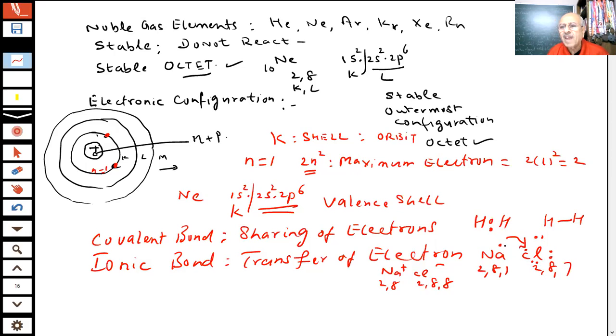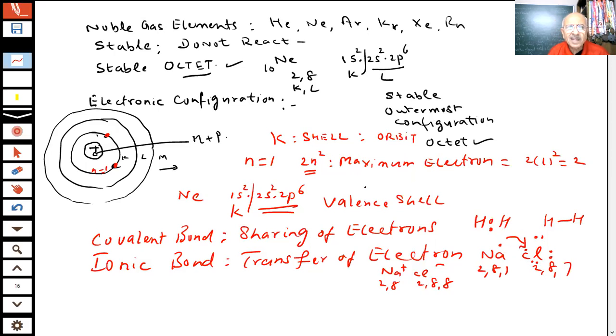Because the atoms want to become more stable. They want to get an octet. By octet, we say that their outermost shell is filled. This was the idea on the basis of which Lewis proposed his electron dot structures.